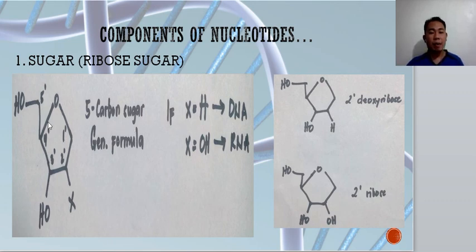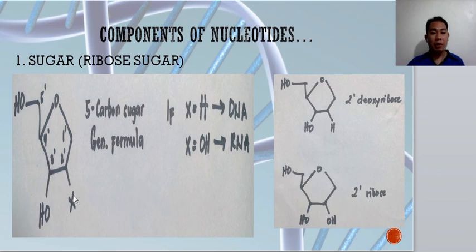Remember, carbons number 2, 3, and 5 are the attachments of other elements or other compounds, or the R groups later on. In the second carbon of the pentose sugar, we put an X. If X is hydrogen, the sugar is DNA, or deoxyribonucleic acid.